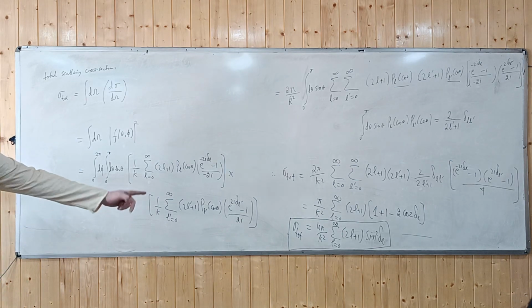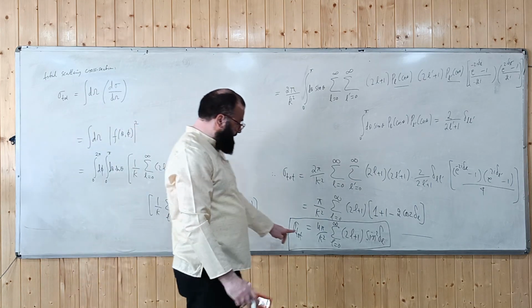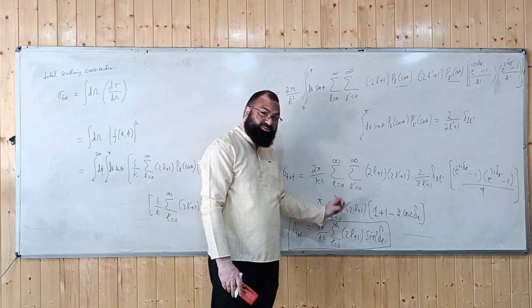So if you know the phase shift, because L is your angular momentum component, clear? So if you know your phase shift delta L, you know the total scattering cross section. Got it? So what are the values of L? It is actually an infinite sum. It goes from 0, 1, 2, 3, and so on.